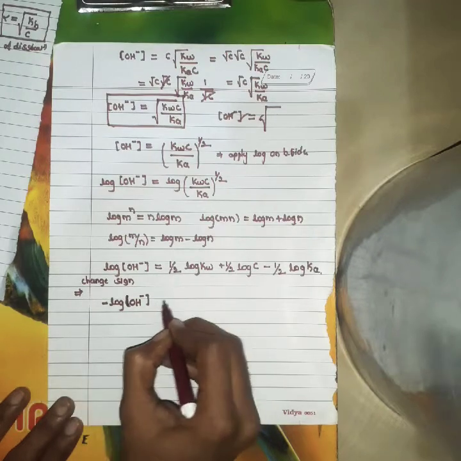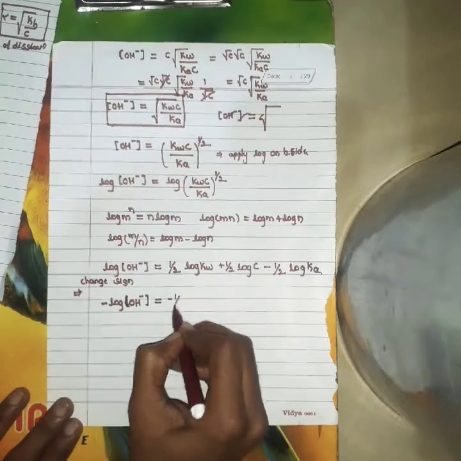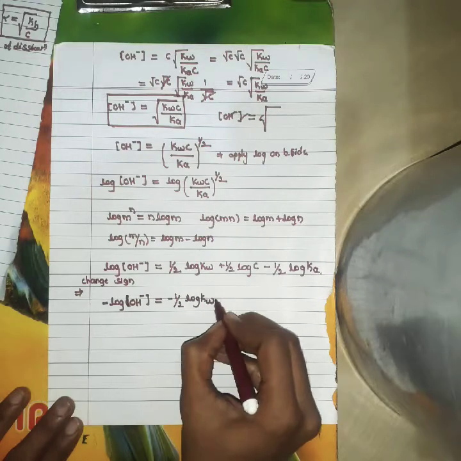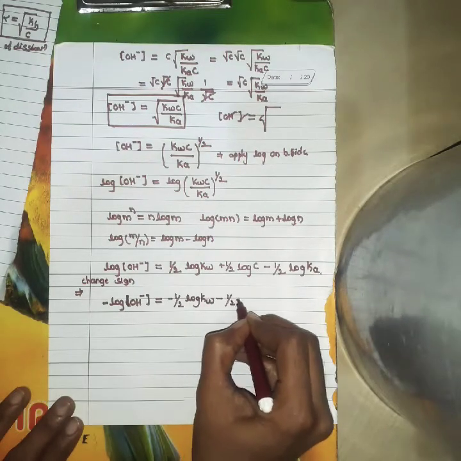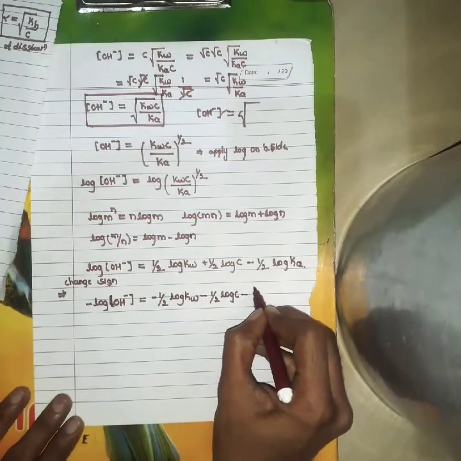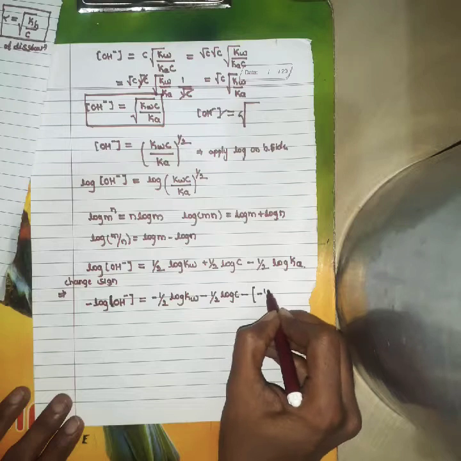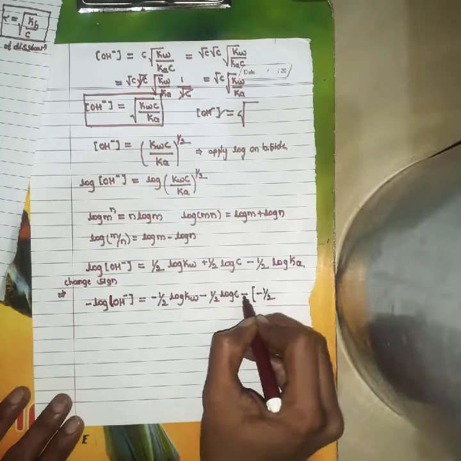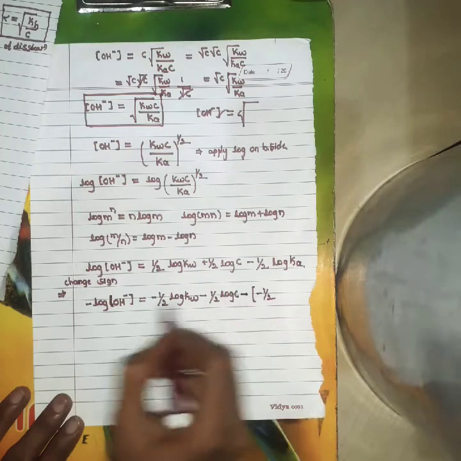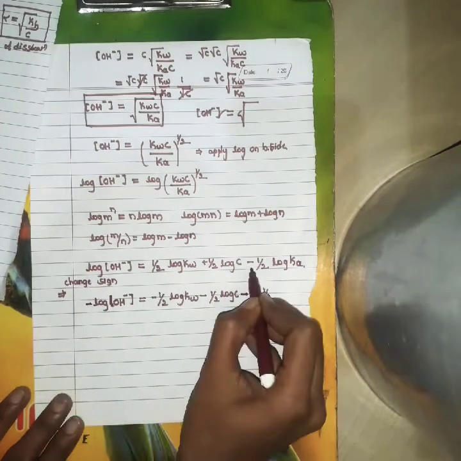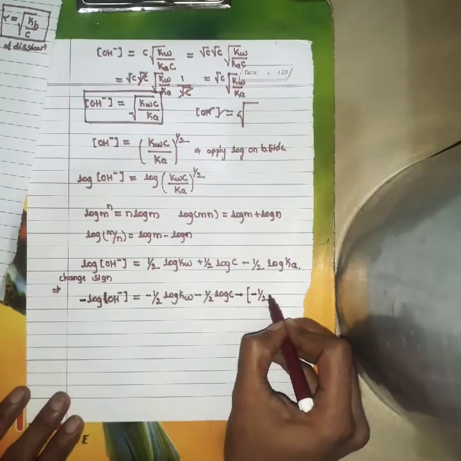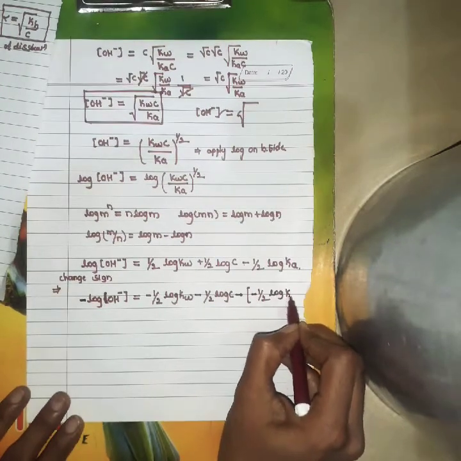Minus log of OH minus is equal to minus 1 divided by 2 log of Kw, minus 1 divided by 2 log C, and another minus will come. Already one minus was there, and this minus comes from changing the sign, so it is minus 1 by 2 log of Ka.